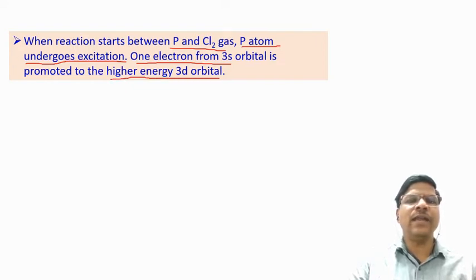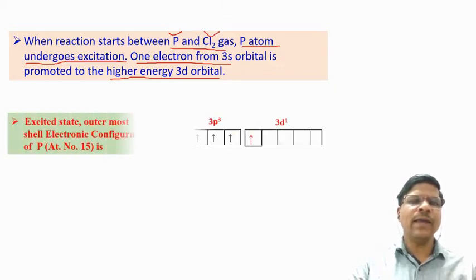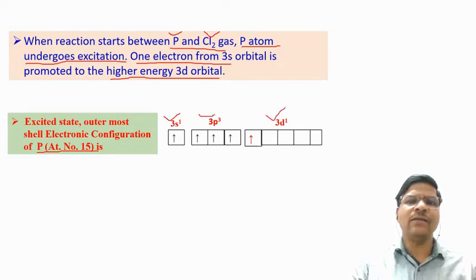This requires energy, and this energy requirement is fulfilled by the reaction between phosphorus and chlorine gas. Okay, so we have the excited state phosphorus atom. The electronic configuration becomes 3s1, 3p3 and 3d1.